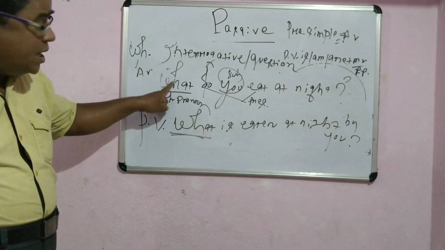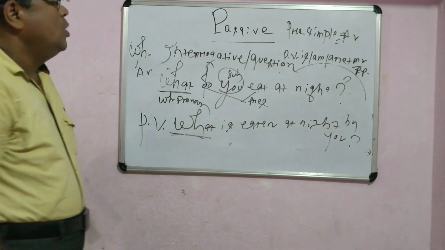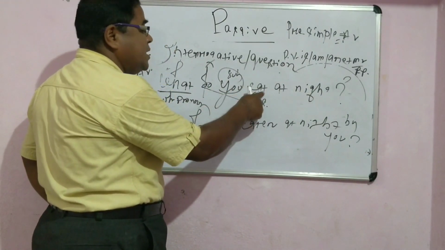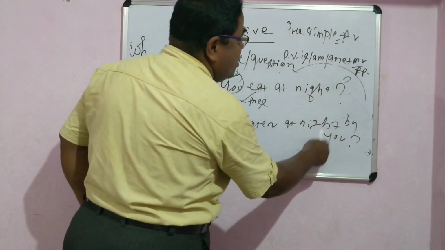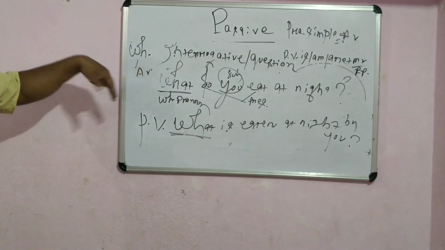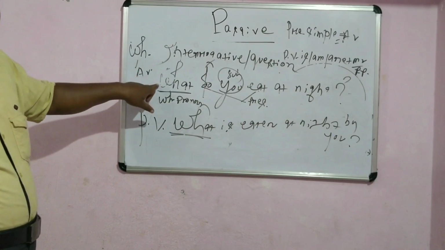Remember, here the WH word is the object. So what remains what in the passive. Only you need to change the present simple form do eat into is eaten. Then at night by you, or by you at night.